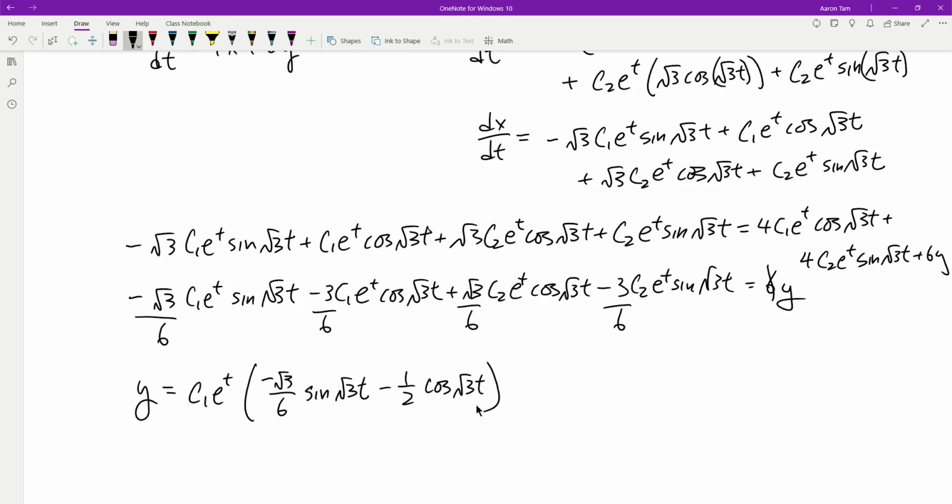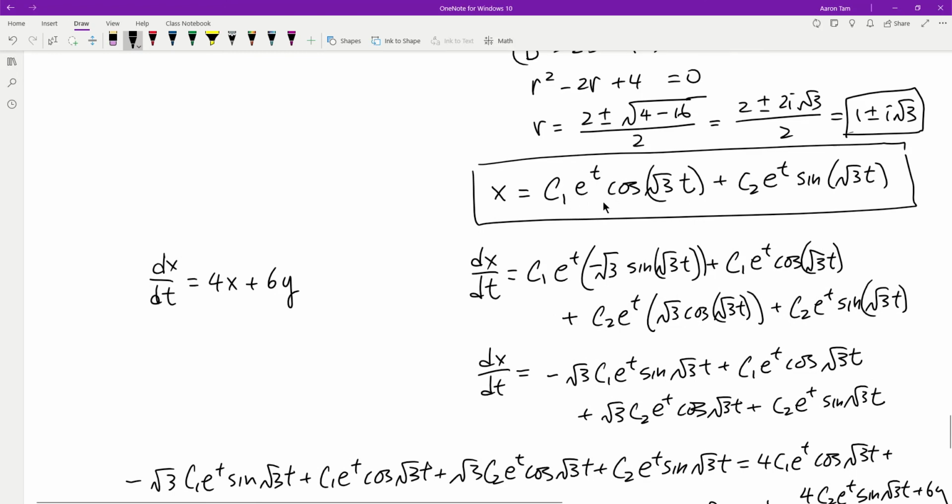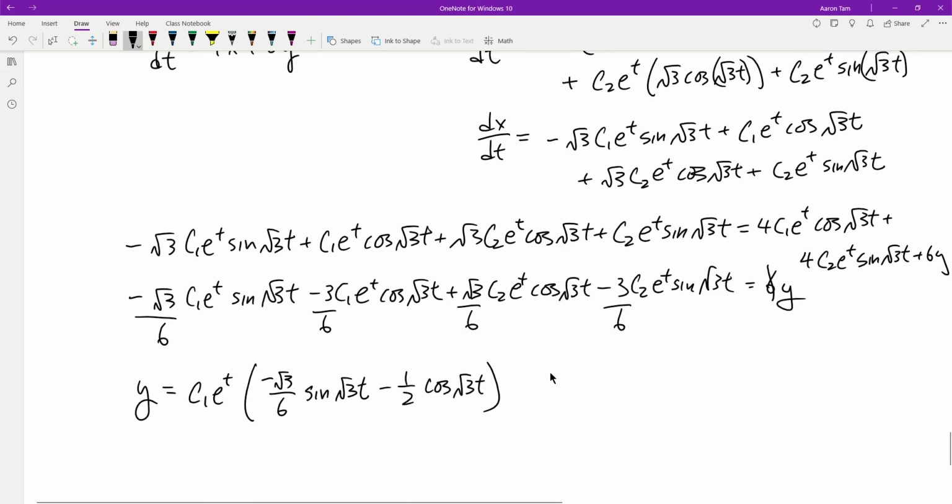Those are the two terms with c1 e^t, and I want to do that because then it matches the c1 e^t in x. Then plus c2 e^t times radical 3 over 6 cosine radical 3t minus 1/2 sine radical 3t.